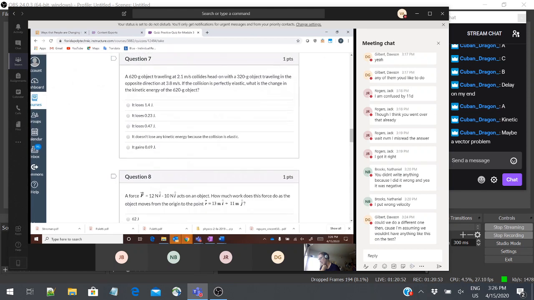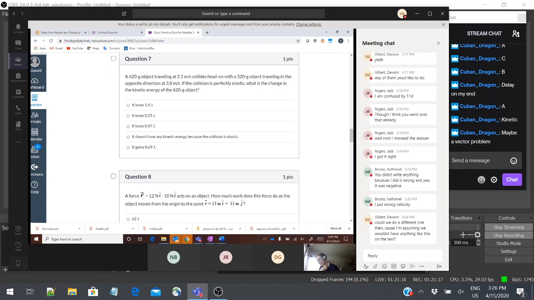620 gram object traveling at 2.1 meters per second collides with an object. Okay, here we go. And then we have a vector problem afterwards, Gabe. So that'll be good for you.